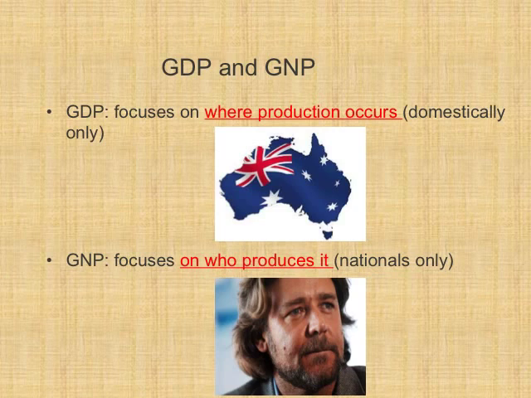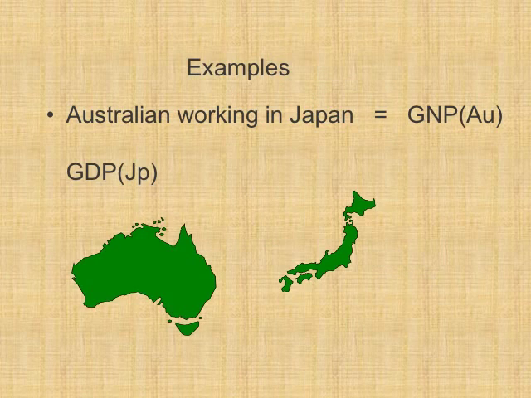GDP focuses on where the production occurs, whereas GNP focuses on who produces it. If an Australian worker temporarily works in Japan, their production is part of Japanese GDP and is part of Australian GNP, and vice versa for a Japanese worker producing in Australia.